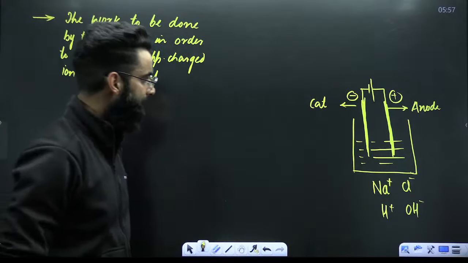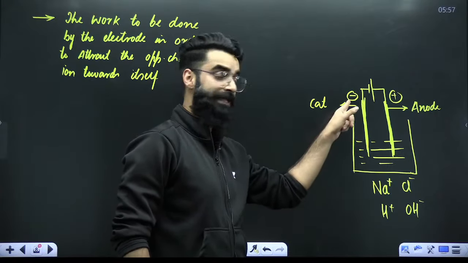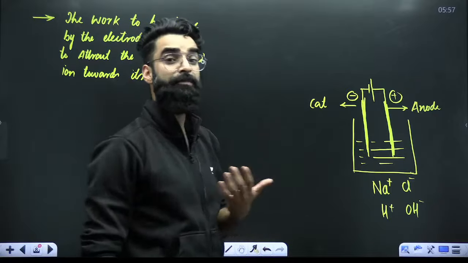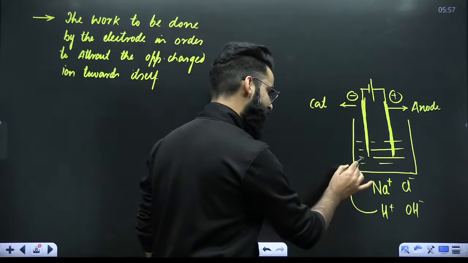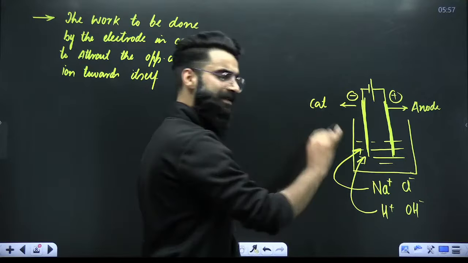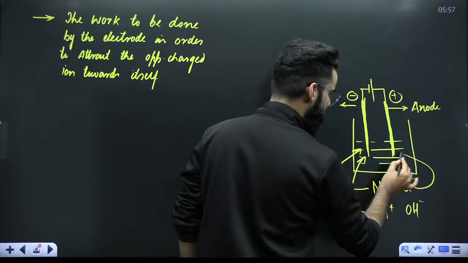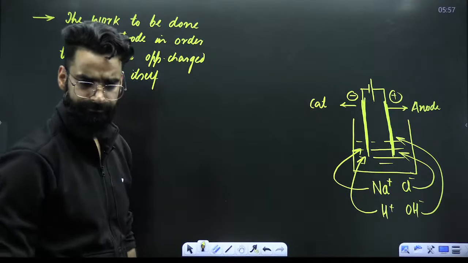Now guys, try to understand. This cathode, this negatively charged rod, carries a negative charge, right? It will try to attract the positively charged ions towards itself, this one as well as this one. Similarly, the positively charged rod will try to attract these ions towards itself, right?